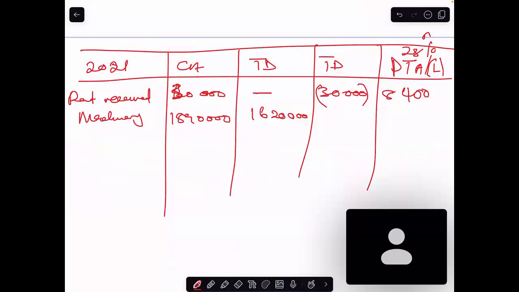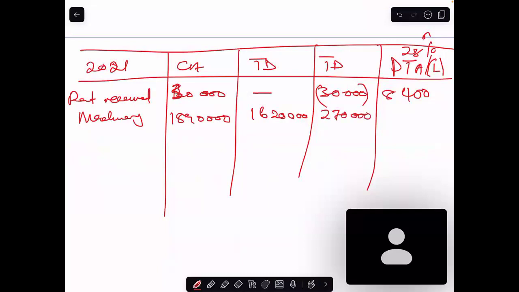Kindly calculate. How much is it? 1,890,000 minus 1,620,000. 270,000. The carrying amount of an asset is greater than its tax base.